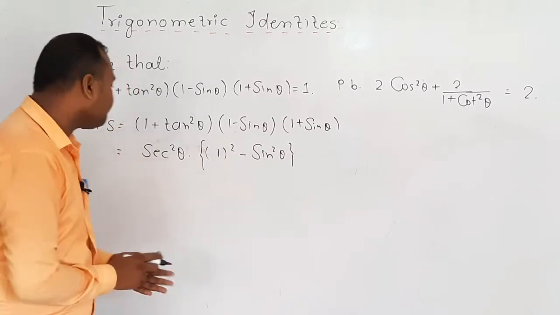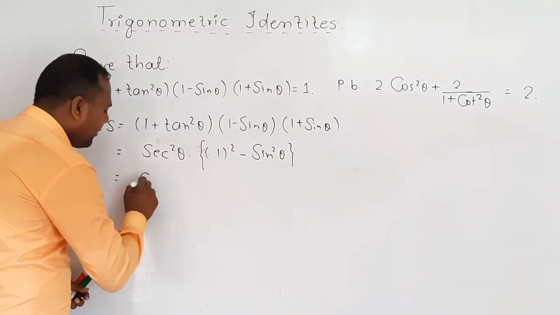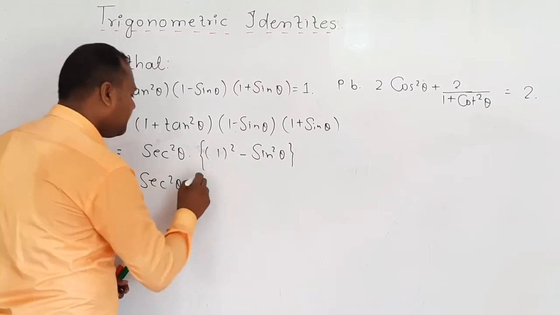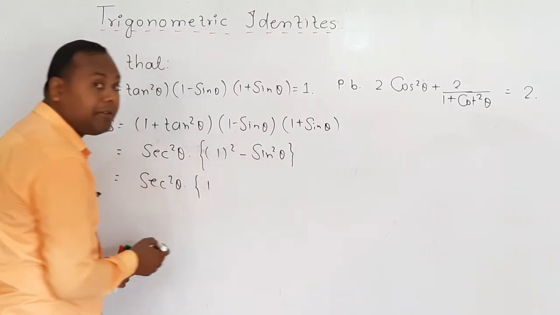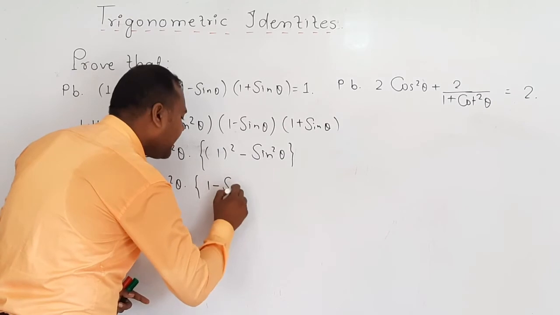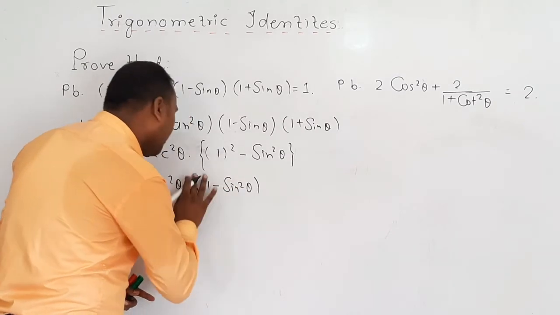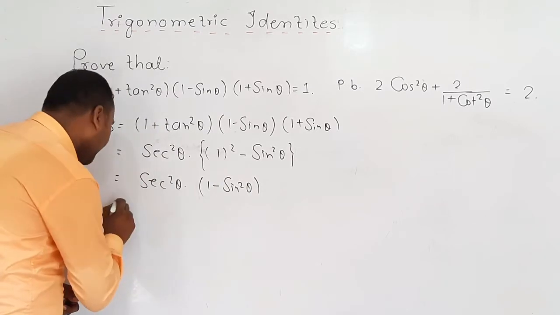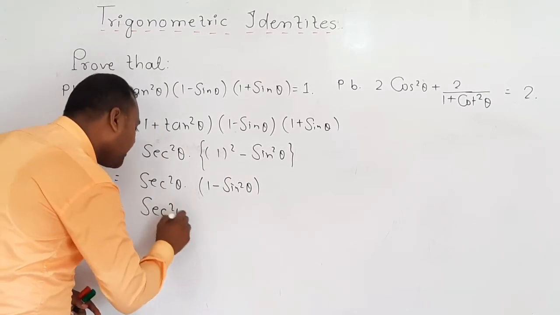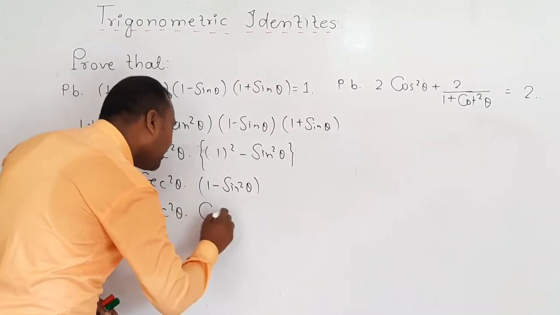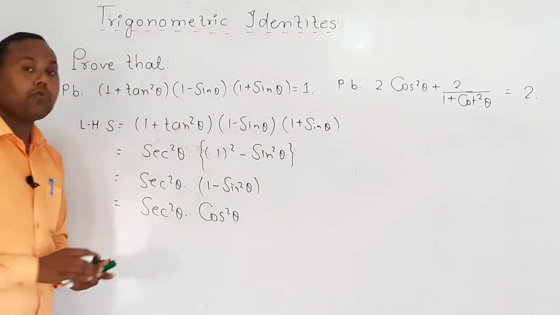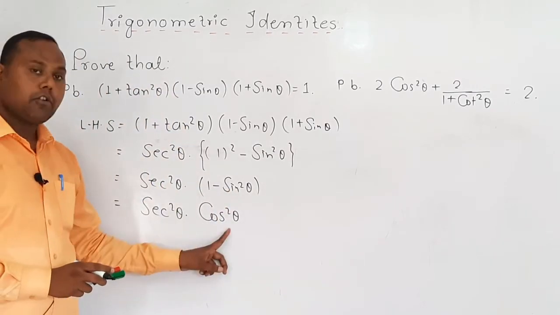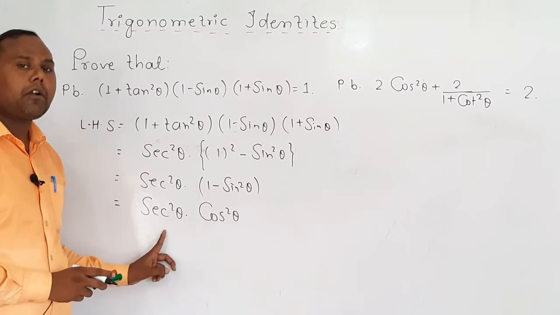That means sec² θ into 1² means 1, minus sin² θ. We already know that 1 − sin² θ means cos² θ. That means sec² θ into cos² θ. And we already know that sec and cos are mutually reciprocal to each other.